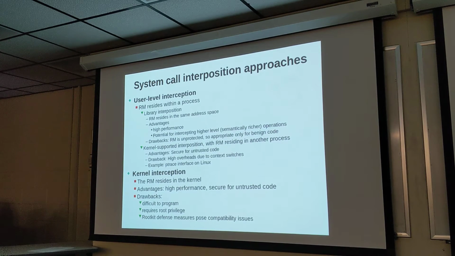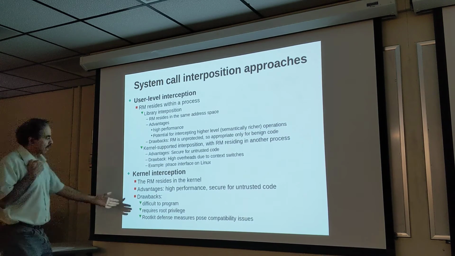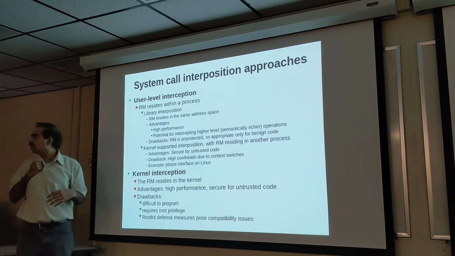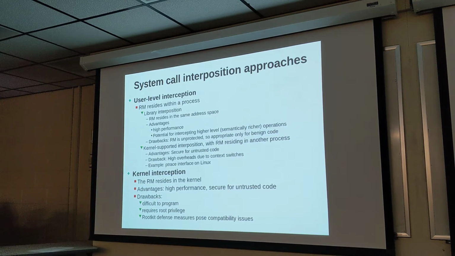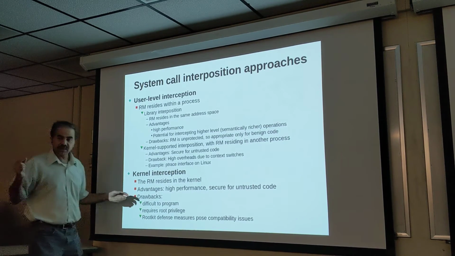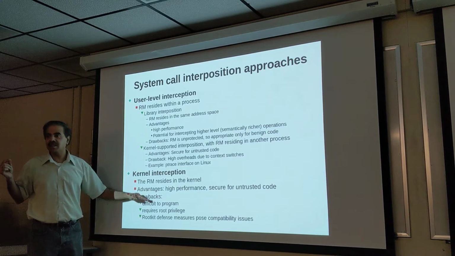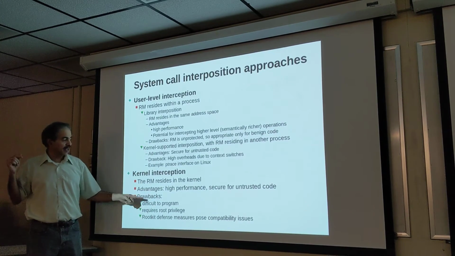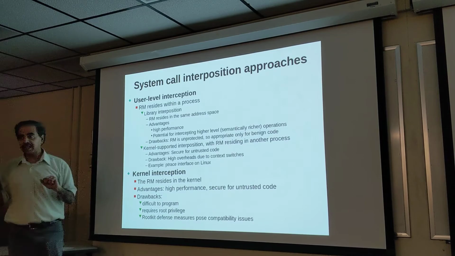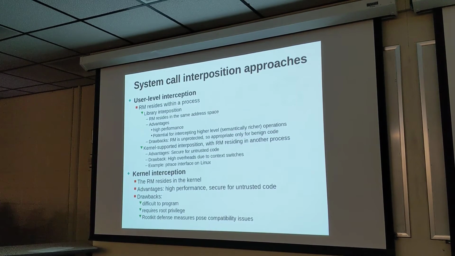Even when you work in the kernel space, let's say you want to check the name of a file, the file name is a string that resides in the process address space, and it's not in the kernel address space. So it's not necessarily easy to get all the data that you need in order to do the check. Whereas if you're running within the same user process that's being checked, then all of the data is available for you to check, and that makes it easier for you to do your check.